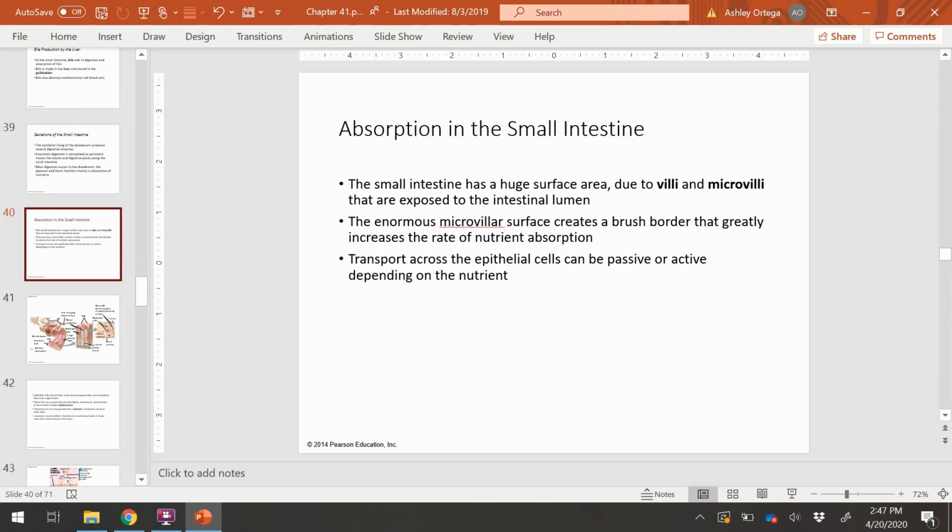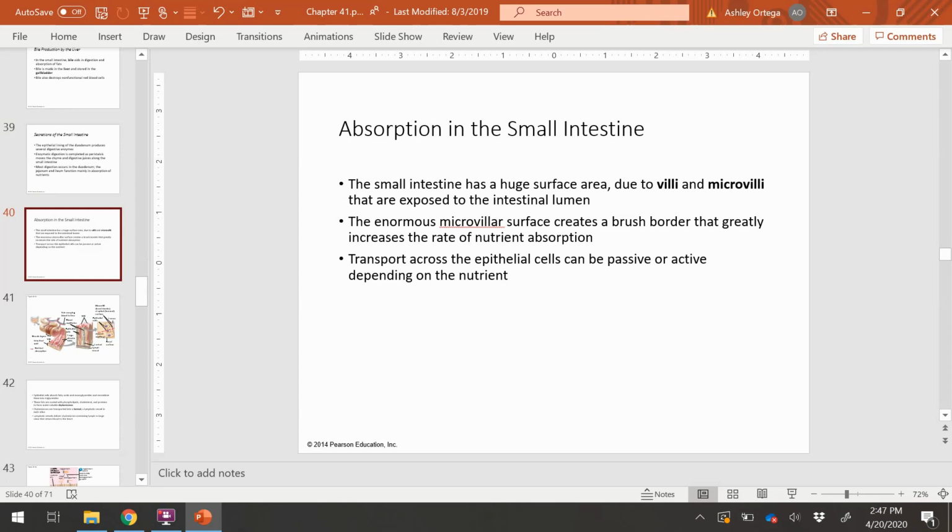We'll take a look at that here. This surface creates what we call a brush border that will increase the rate of nutrient absorption. The more surface that you have, the more nutrients can get across that surface and get into the cell. And so it makes it much more efficient to have more surface area in the small intestine.